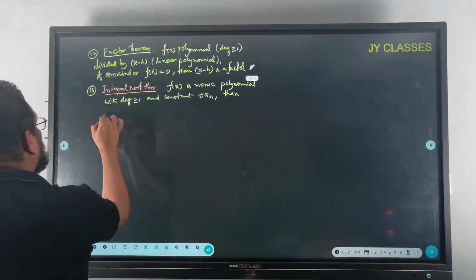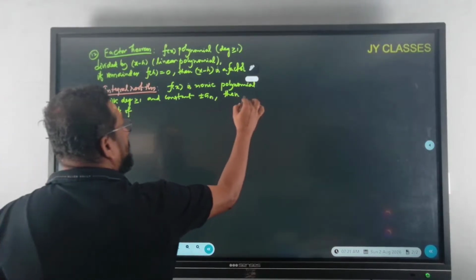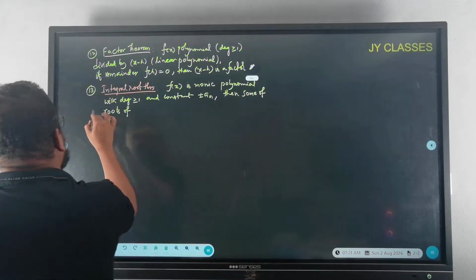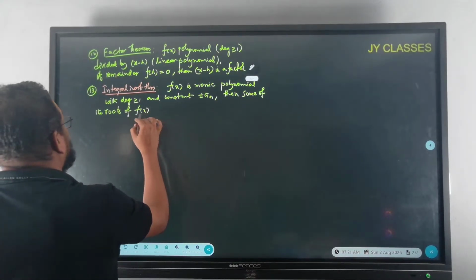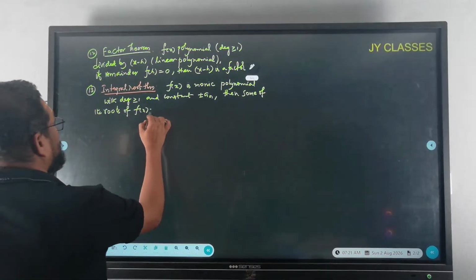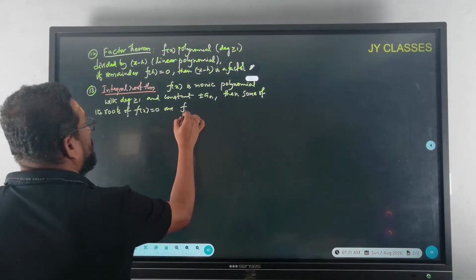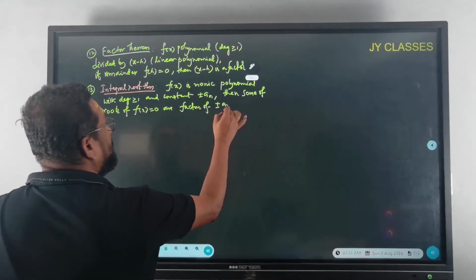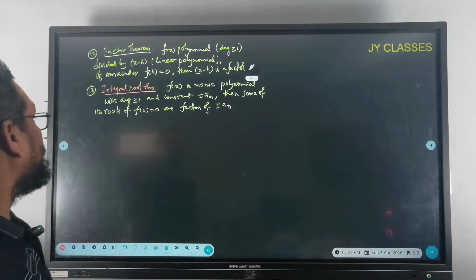Then the roots of f of x equal to 0 are factors of plus or minus an. That is integral root theorem. Okay.